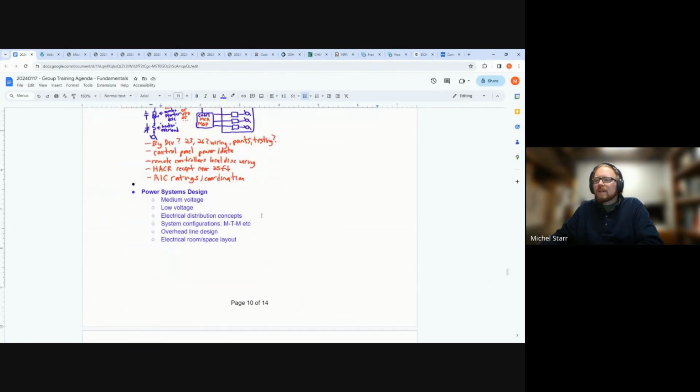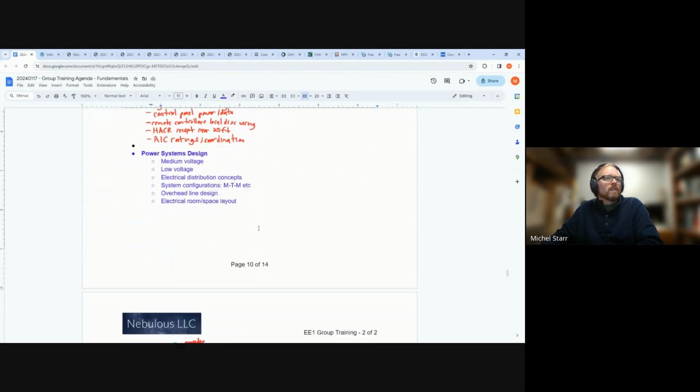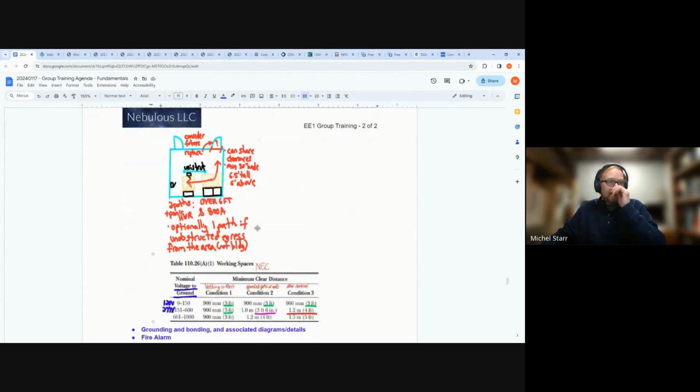All right, let's see. So I'm going to continue and talk about electrical rooms. So in chapter 1, you can see that here. It would have otherwise been a 400 for a table in the NEC. But this in chapter 1 talks about the working clearances, and it depends on what's in front of the panel and what voltage it is.